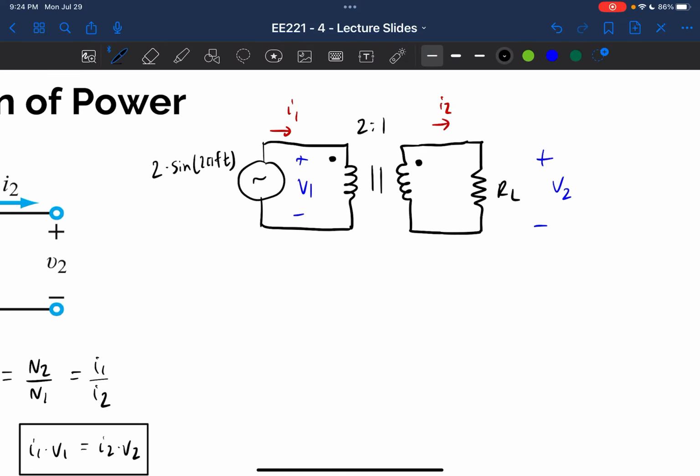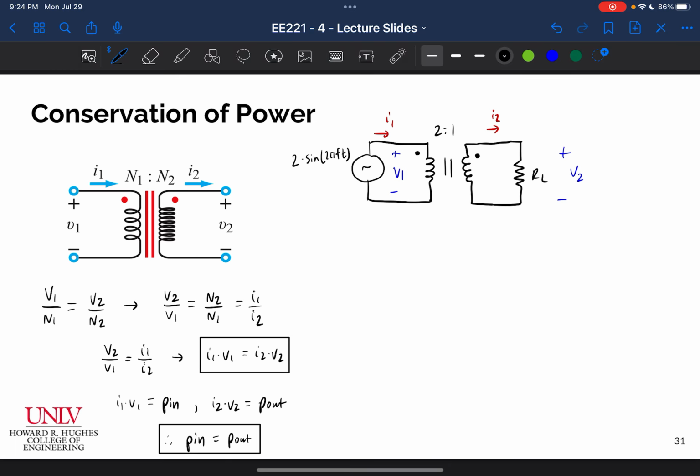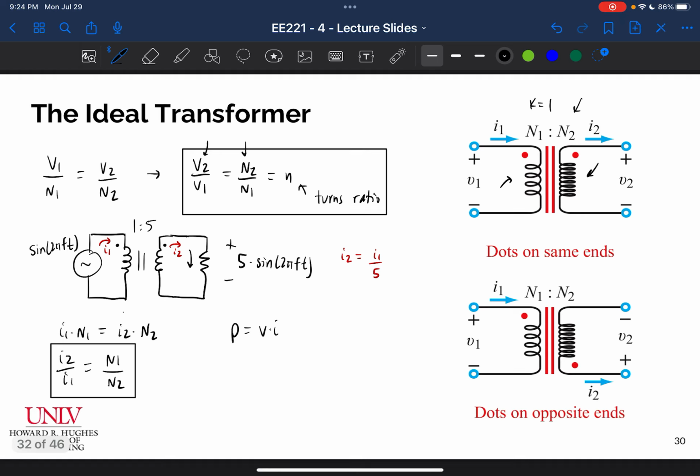So first and foremost, you know that this is a 2-to-1 transformer, and so you know that the voltage is going to be stepped down. Maybe you're not super confident on the polarity of the voltage yet. I guess I neglected to mention that, but if you see here, the positive polarity of the voltage is always given at the dotted terminal. And so that's why they show here that for the dots on the same end, you get positive polarity on the dot on the primary side and on the secondary side.